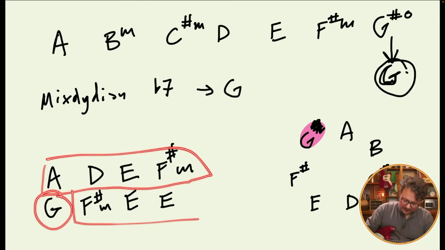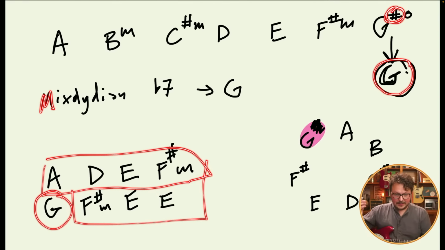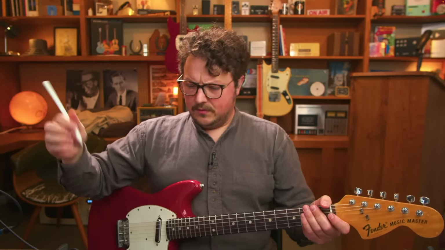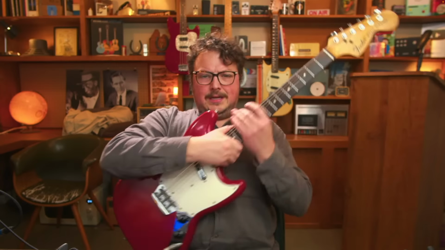Well, it is outside of the key of A major because A major, again, has a G sharp in it. But we're borrowing a chord from A Mixolydian just for a second. Kind of cool, huh? So when people talk about modes, and again, this is such a big topic that I don't think I can completely go into it, but I can sort of spend some time writing music and we can kind of talk about this stuff a little bit more.